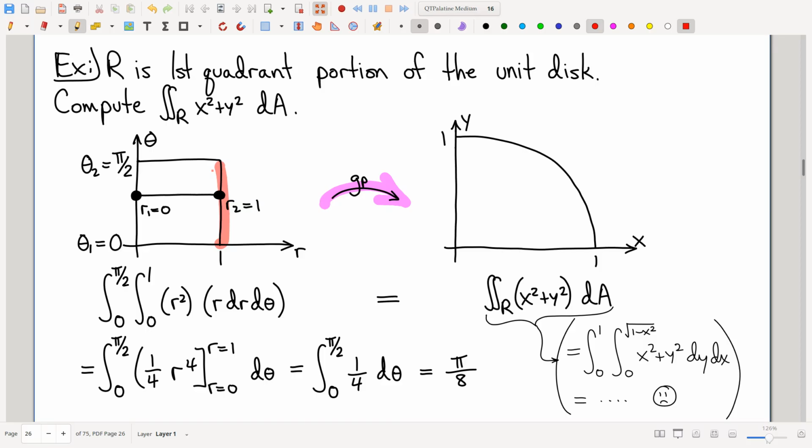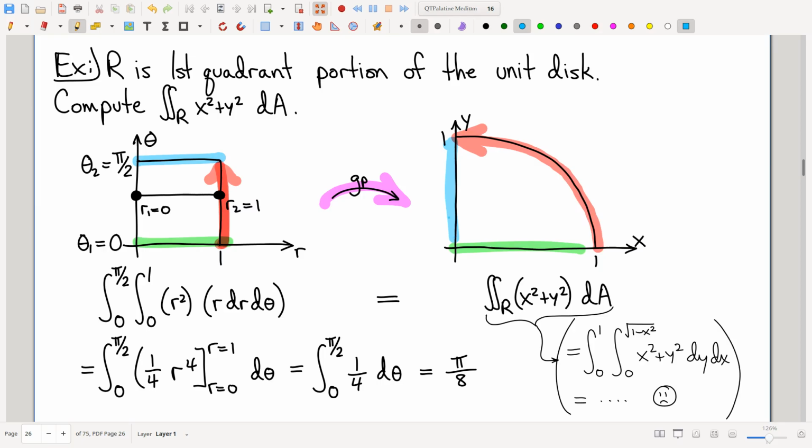And what does that translate to over here in the xy plane? Well, it turns into exactly that. So this edge turns into that edge. Everybody see that? And then analogously, this edge turns into that edge, and this edge turns into that edge.